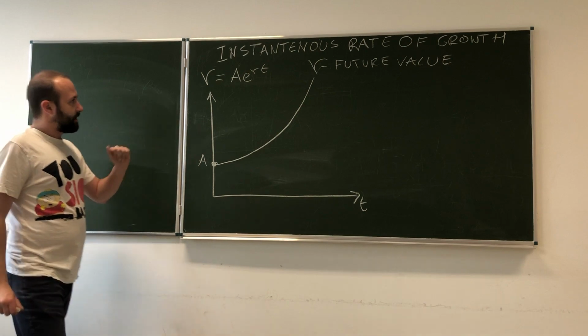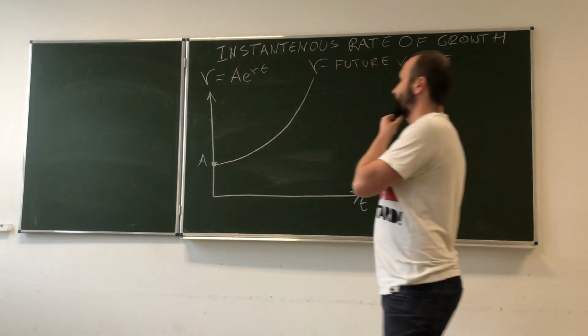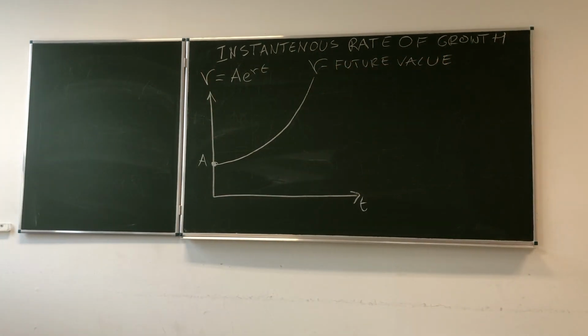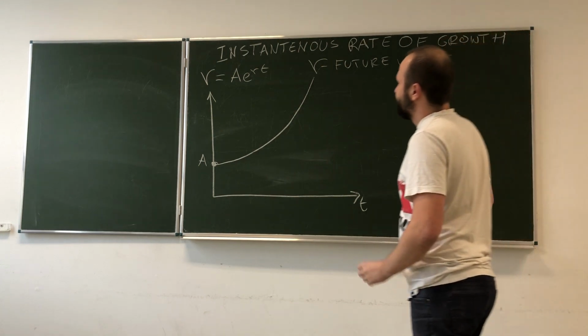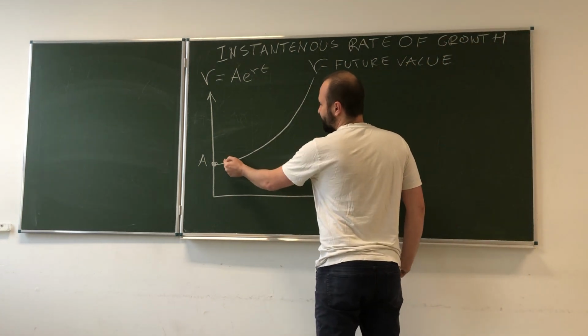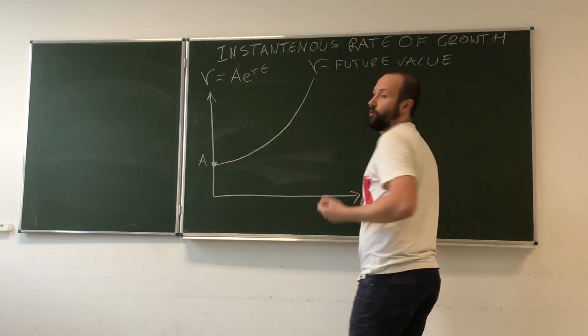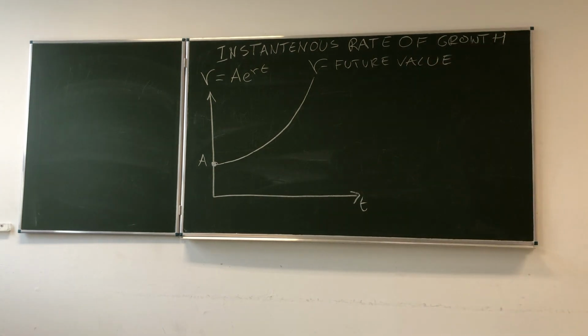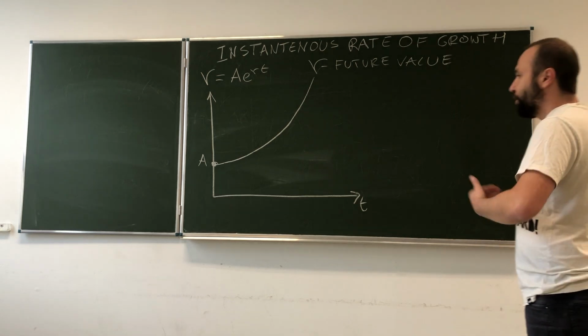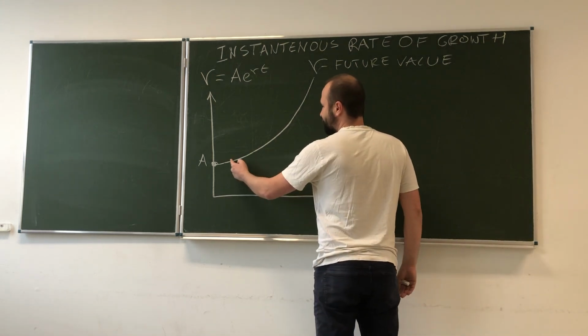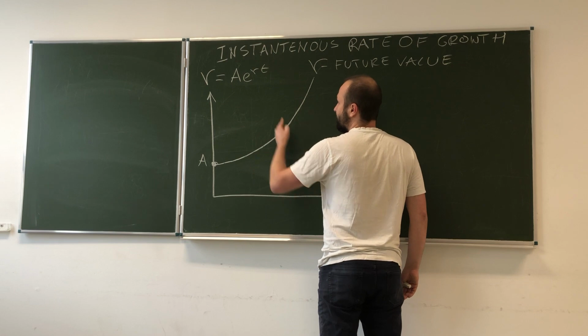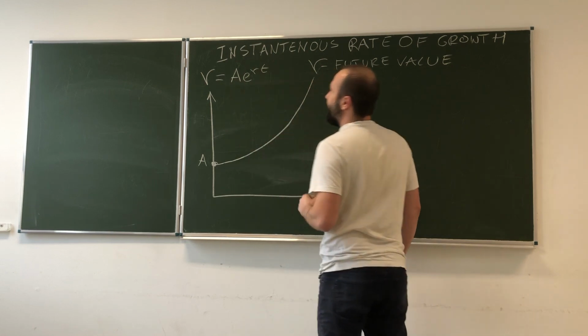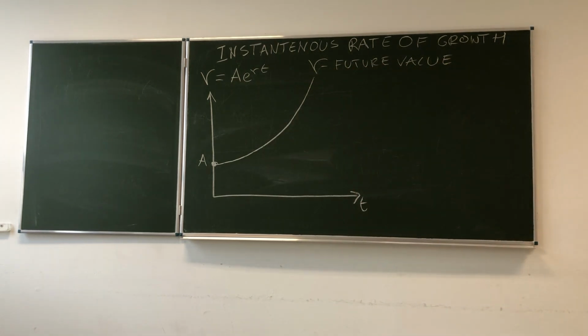Now, if I were to ask you what the growth rate of this function is, we would have to calculate the growth rate at each single point. Why? Because here we are discussing continuous time, so we can check the growth rate of this expression every single moment.